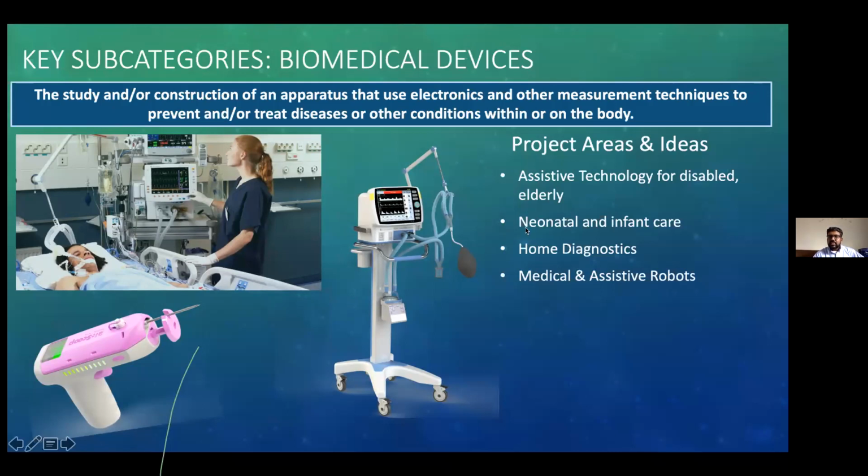We talk about neonatal and infant care. Now, when we talk about babies, you'll think, how can I as a student help take care of babies? But babies need a lot of simple things that you can help with. Simply finding a way to keep a baby warm is actually a pretty big problem that most people don't realize how serious it is.